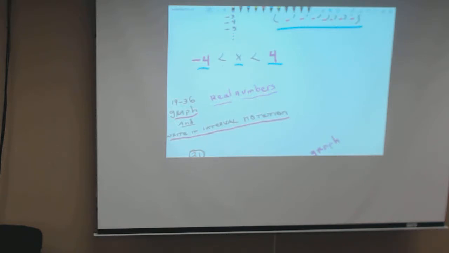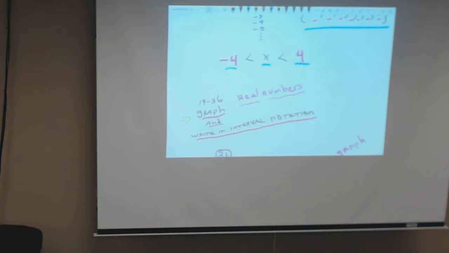Well, he would say it's just understood that if they don't designate what set you're looking at, it's real numbers. Well, I'm glad that's understood, but you might want to write yourself a note. If they don't say what set it is, use the set of real numbers to find your answer.